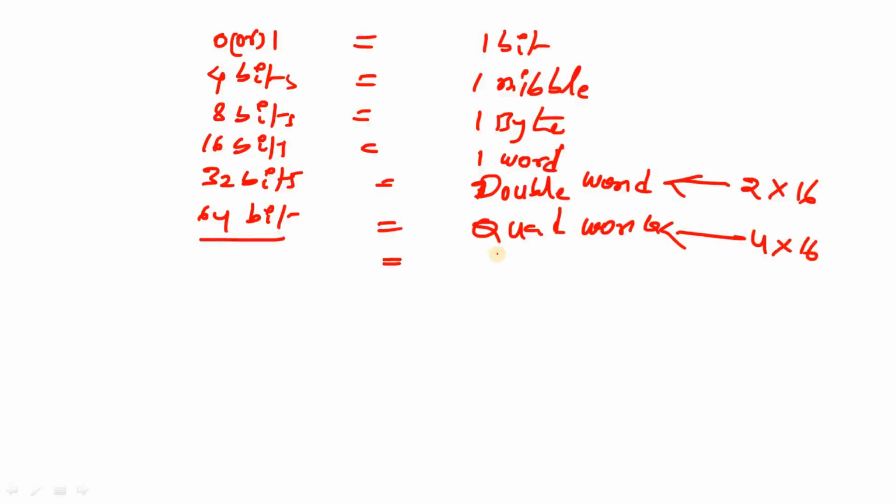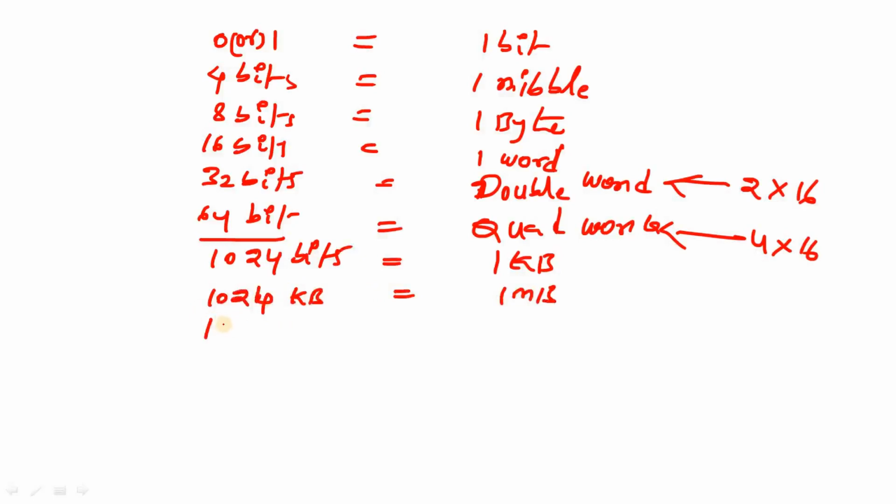Next one, 1 KB is equal to 1024 bytes. Next, 1024 KB equal to 1 MB.